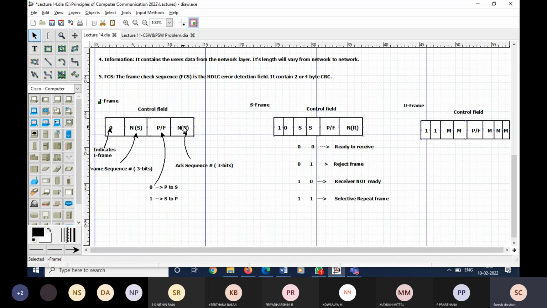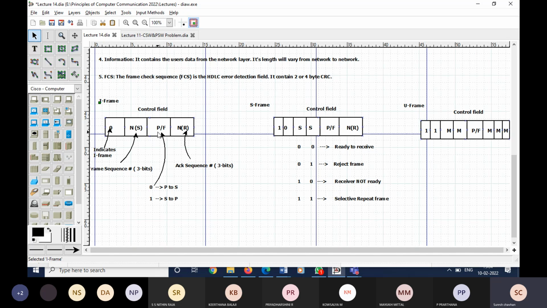Similarly, the number of bits required by the receiver for acknowledgement sequence numbers is 3 bits. That's why we have written N of R and N of S. The middle one is the P slash F. P means poll and F means final.